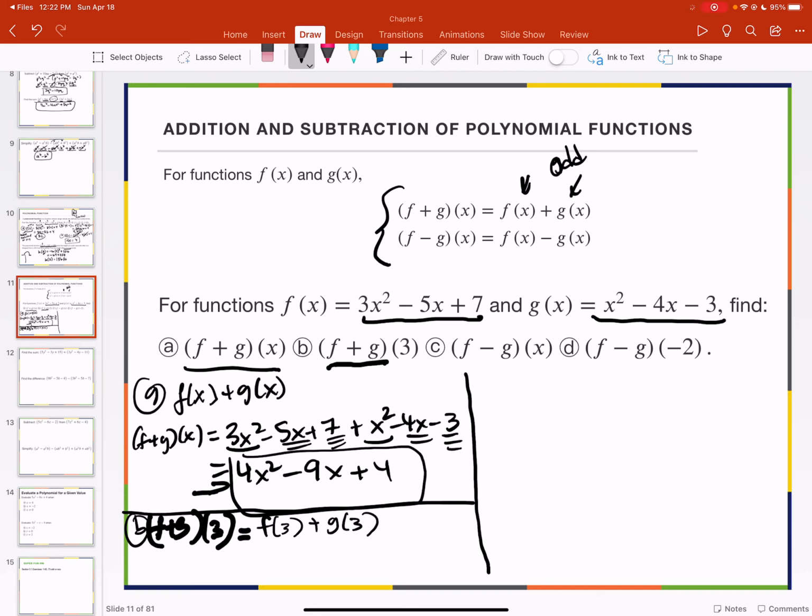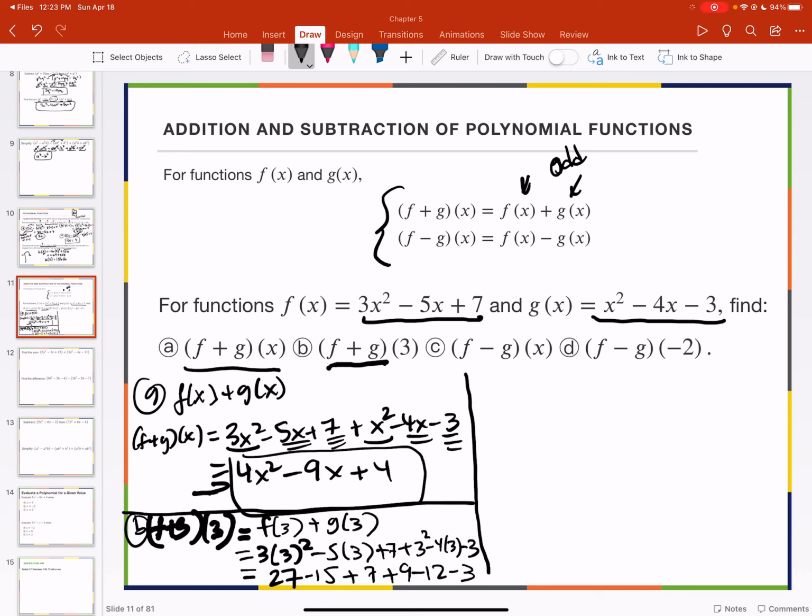So f of 3 is 3 times 3 squared minus 5 times 3 plus 7, and then plus g of 3, which is 3 squared minus 4 times 3 minus 3. Okay, so combining like terms, we have 3 times 9, so that's 27 minus 15 plus 7 plus 9 minus 12 minus 3.